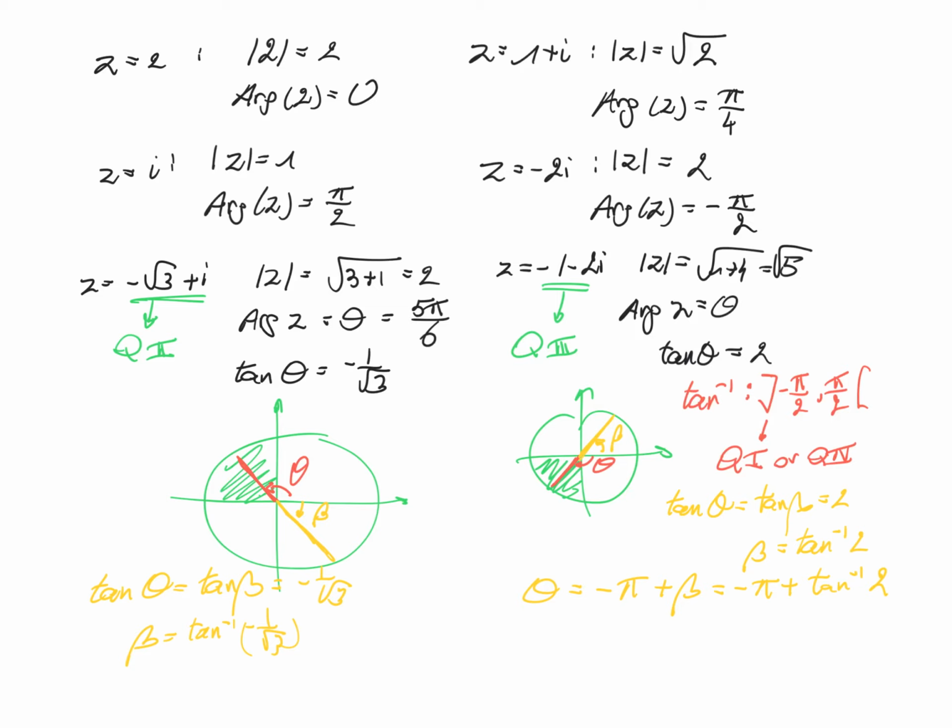What then remains is to find the relationship between theta and beta, and for this we see that theta is just pi plus the angle beta, because beta is a negative angle, so if we do pi plus beta, we find theta. In conclusion, to find the argument of some complex number, it's best to make a quick sketch of the complex circle, and then see in which of the quadrants it has to be lying, and use the trigonometric rules for the angles to find the correct angle.